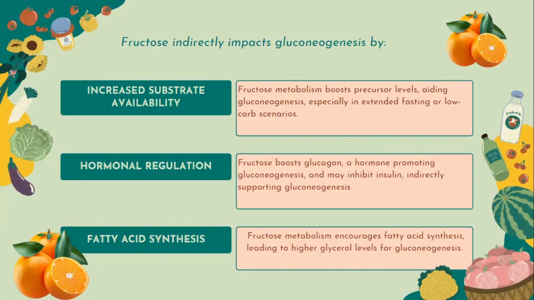The next step is hormonal regulation, and they say that fructose boosts glucagon, a hormone promoting gluconeogenesis, and may inhibit insulin, indirectly supporting gluconeogenesis. And the last step is fatty acid synthesis, and they say that fructose metabolism encourages fatty acid synthesis, leading to higher glycerol levels for gluconeogenesis. Next slide, please.